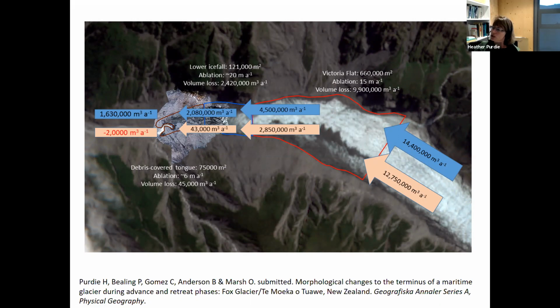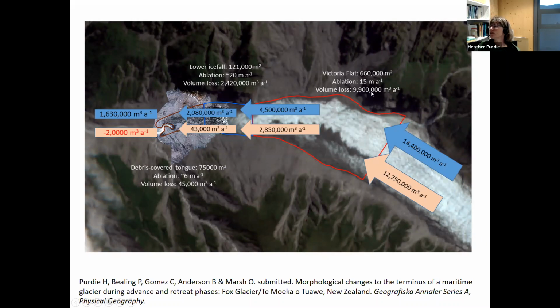We've got our large Victoria Flat area, with predominantly white ice, where the glacier is quite mellow. We have our lower icefall zone, where the glacier is extremely broken, but still relatively dirty ice, with a lot of crevasse traces in there. And then we've got this really heavy debris covered down-wasting tongue.